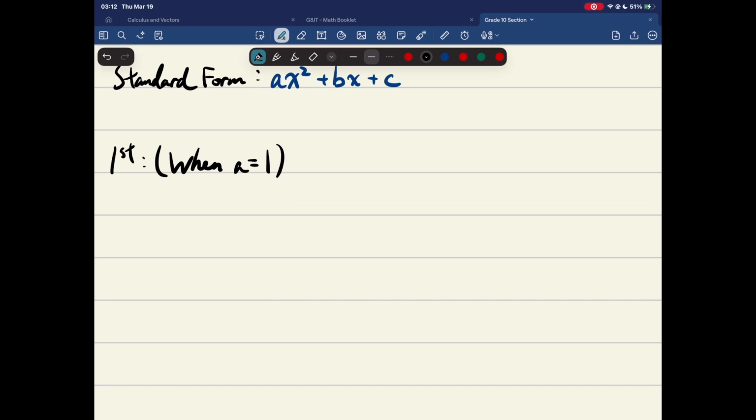For example, if I have x squared plus 5x plus 6, what you need to do is find two numbers. Let me draw that out. Find two numbers that multiply to 6 and at the same time add to 5.